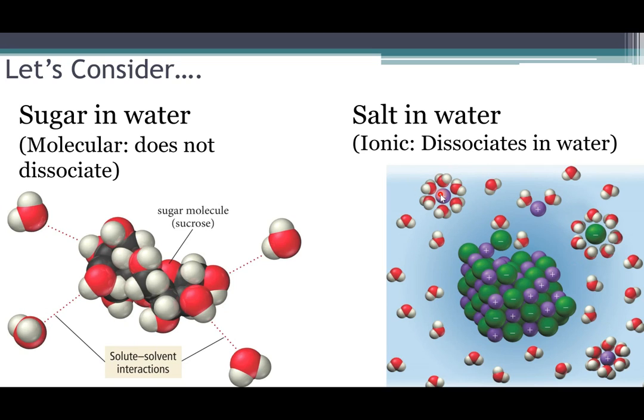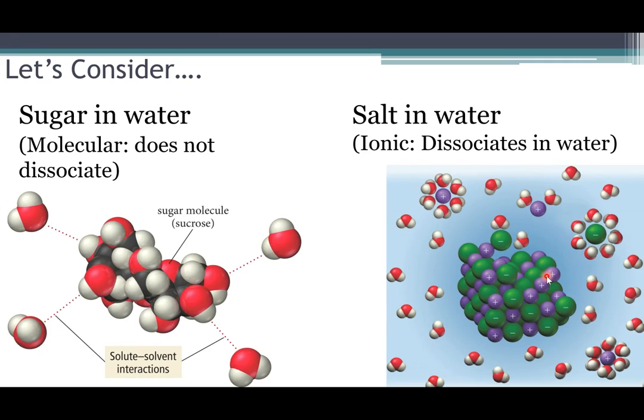So a sodium particle will dissociate or break apart from this big one, and it'll be surrounded by water. Then a chlorine particle will dissociate or break apart from the big one, and it'll be surrounded by water. And so this happens all throughout the solution.